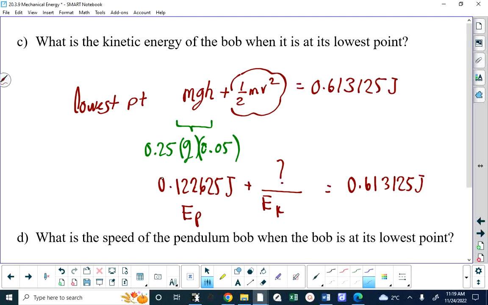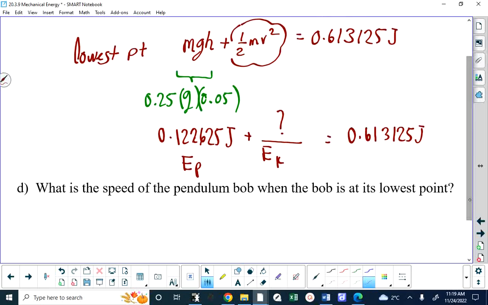So all we have to do is subtract these two now and get an answer.